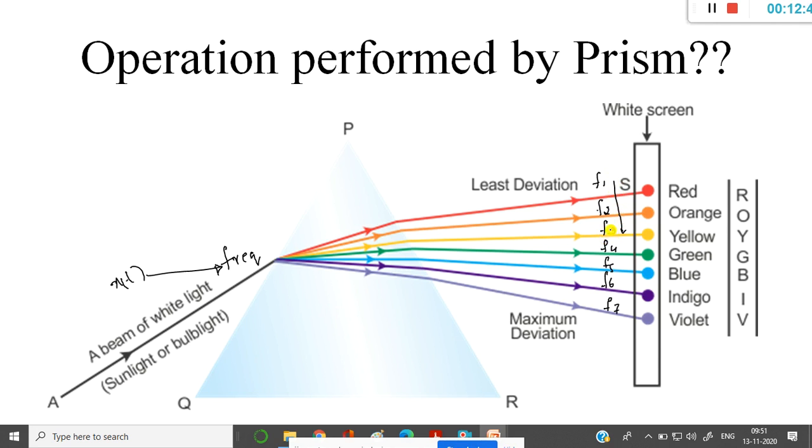What do you do? I apply a low pass filter, because out of 7 frequency components I need only the lower ones, f1, f2, f3.